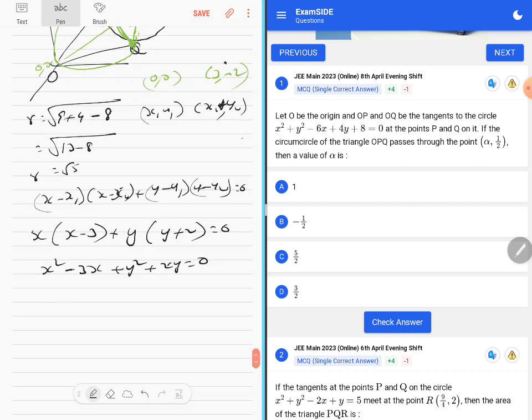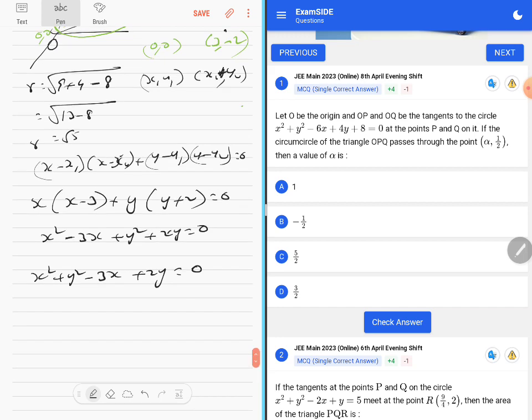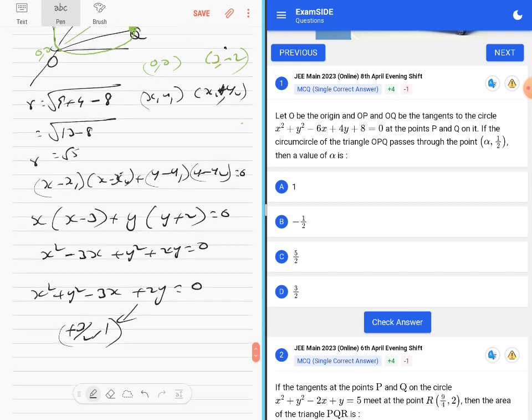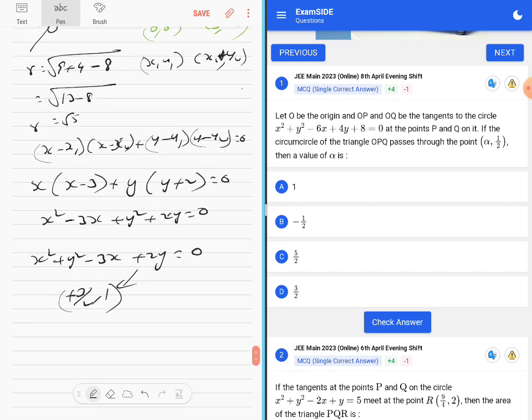So you get an equation x square plus y square minus 3x plus 2y equals 0. Therefore the center of the circle will be (3 by 2, -1). That will be the center of this circle, and we got the circumcircle passing through P and Q. Now it's passing through the point (alpha, 1 by 2).